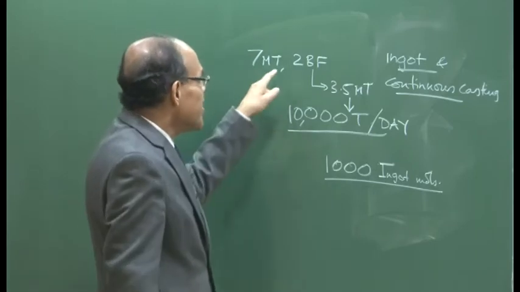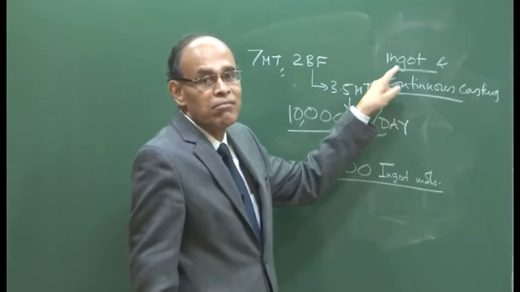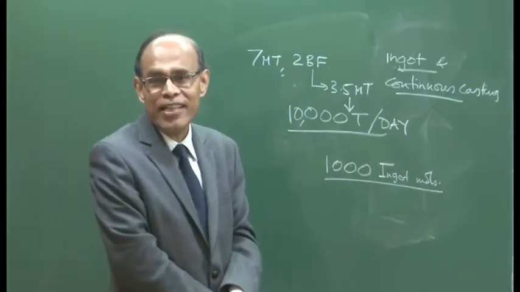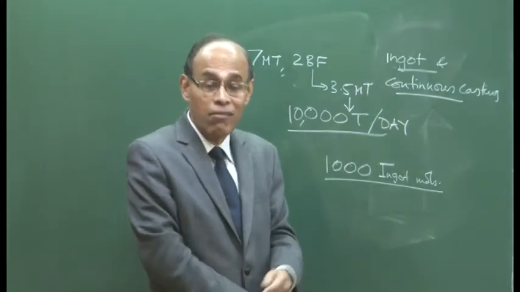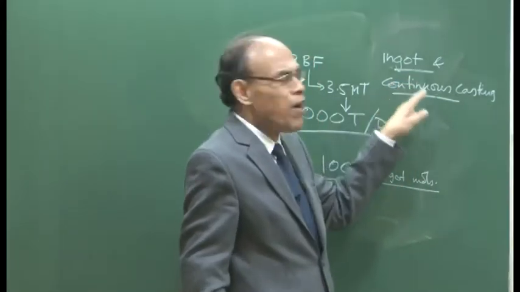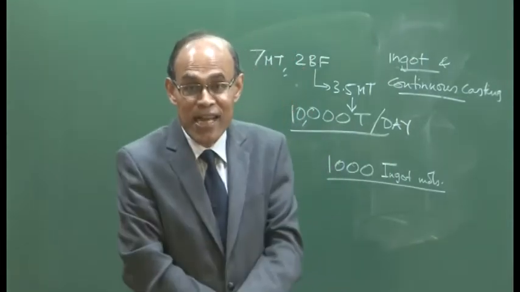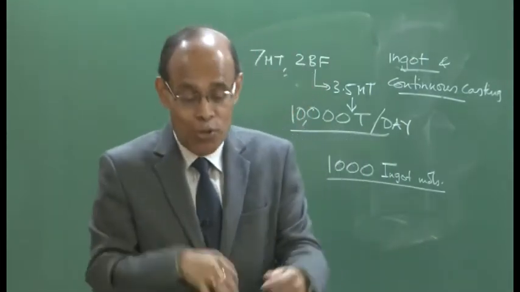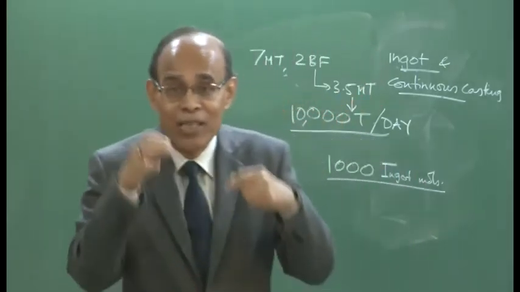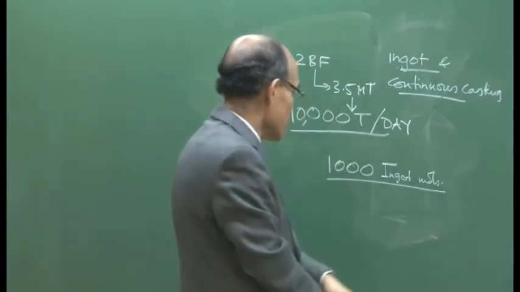So the high rate of production of modern steel making plants cannot be satisfied by a batch process like ingot casting, and we require a conversion process which is far faster and far more efficient in converting liquid steel into solidified product. But in the process of conversion, we should not do things so hurriedly that the products become defective. That is a big challenge, and we will address it when we talk about the casting processes.